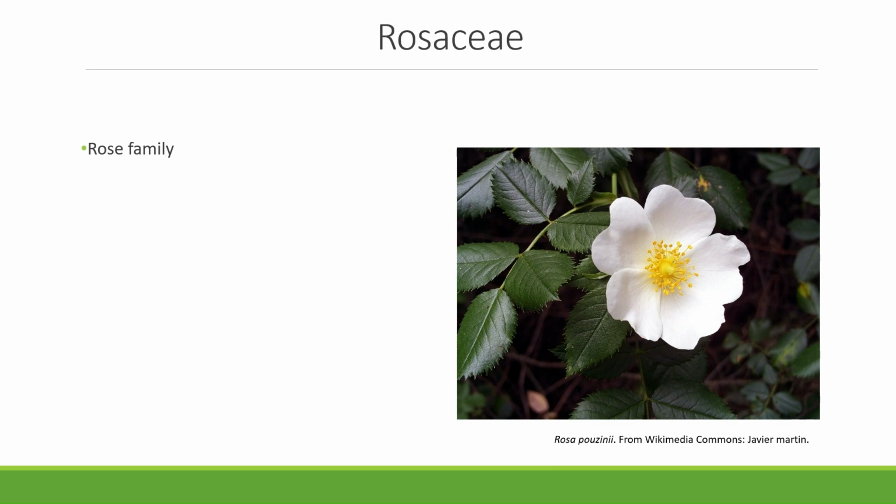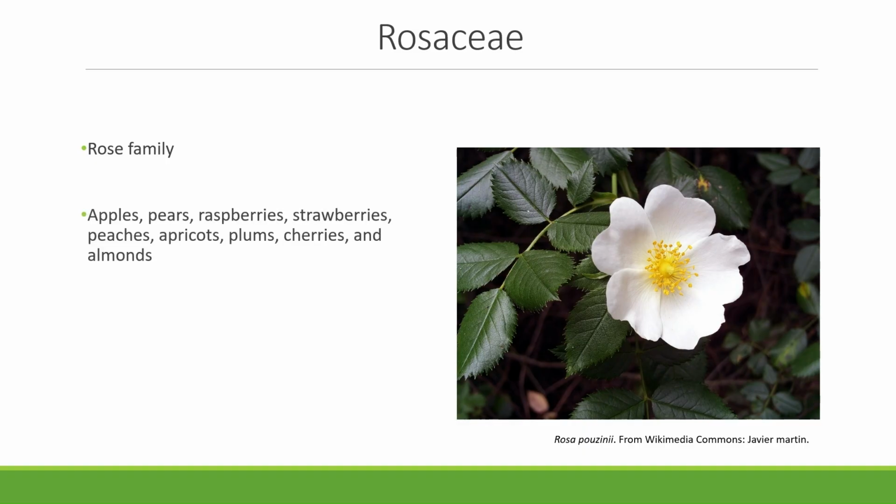All right, now we'll move into Rosaceae, or the rose family. Rosaceae contains about 5,000 species and includes many of the fruits and ornamental plants we value most. Edible members include apples, pears, raspberries, strawberries, peaches, apricots, plums, cherries, and almonds.